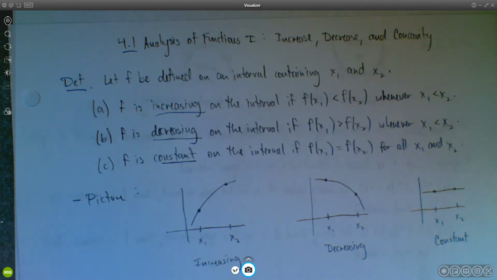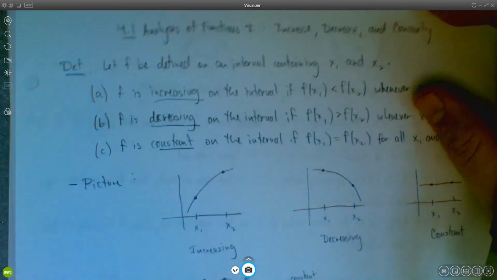It requires us to talk about concavity. So we're going to talk about cusps and vertical tangents and all kinds of stuff. To get us started, let's talk about this first set of concepts: increase, decrease, and concavity. This is what we'll do in 4.1.